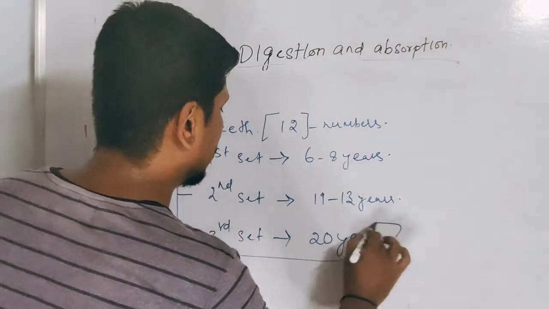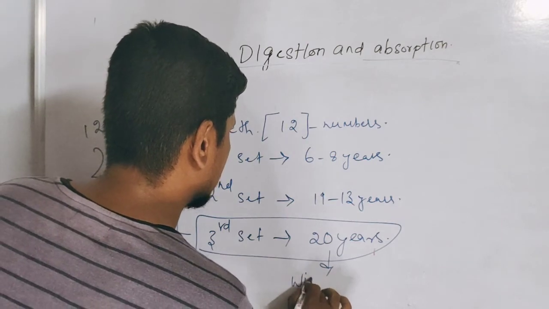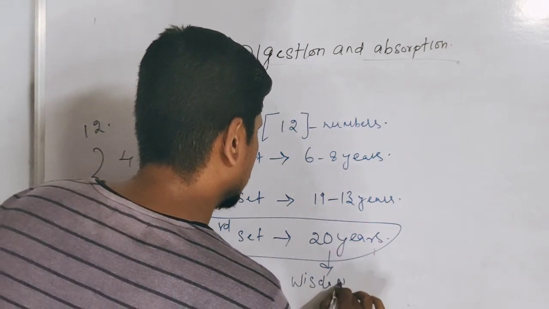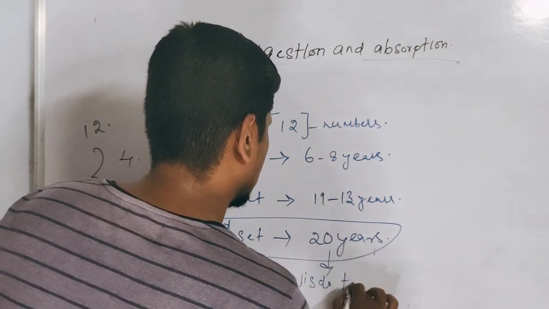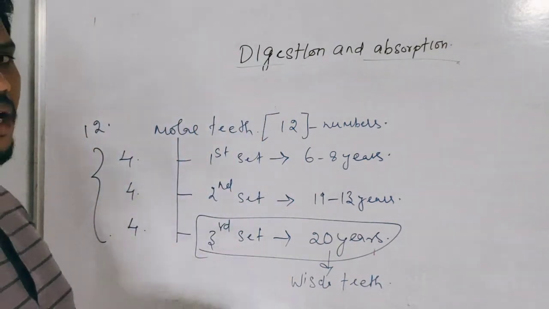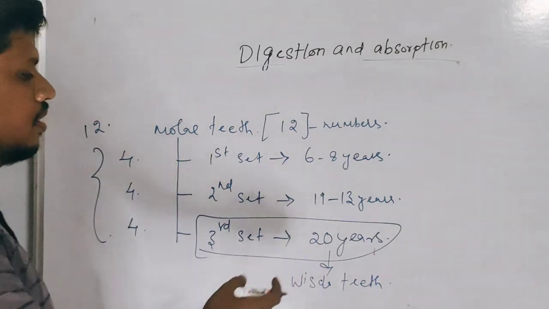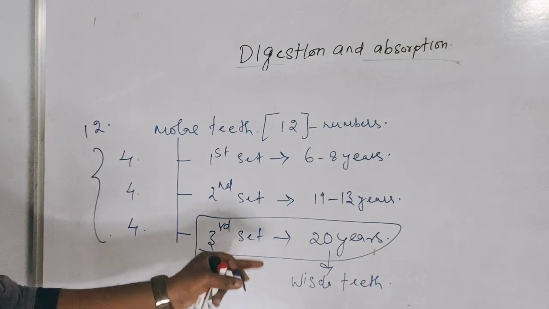And one more thing. With respect to the third set of teeth, you can consider them as wisdom teeth. Wisdom teeth, because these teeth are going to be present in our lifetime. After 20 years there is a chance they are present in our mouth.